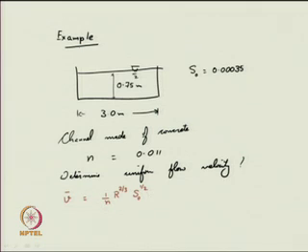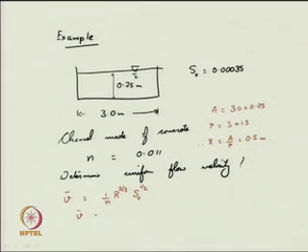For a rectangular channel, you have the A here, this is nothing but 3 into 0.75, your wetted perimeter P is equal to 3 plus 1.5. So, therefore, your hydraulic radius R is equal to A by P, which is nothing but 0.5 meter.